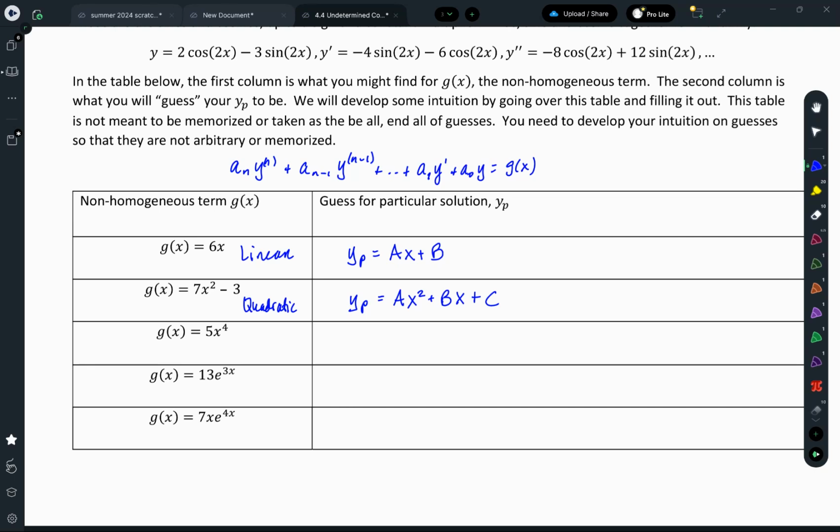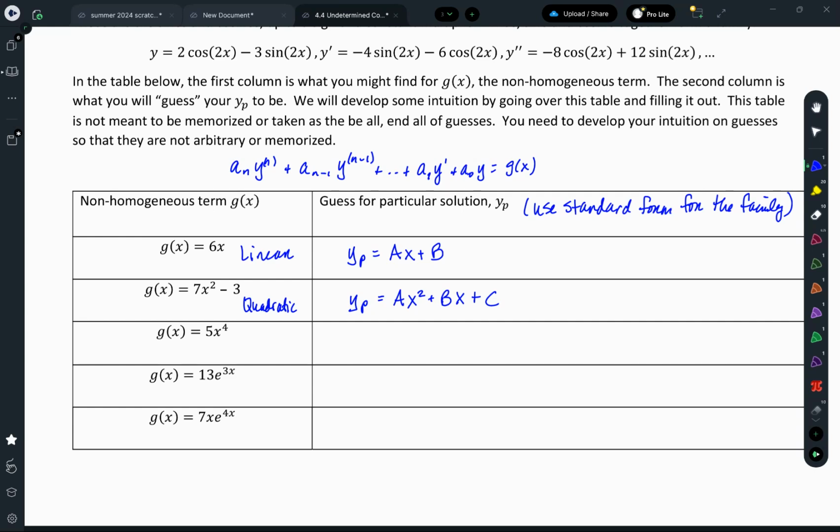So when I say that I'm going to guess a form for y sub p, I always guess the standard form for the family. Okay, so the standard form for a linear family is Ax plus B. The standard form for a quadratic family is Ax squared plus Bx plus C. Even if g of x does not have a Bx term, doesn't matter. We have to include it, okay?